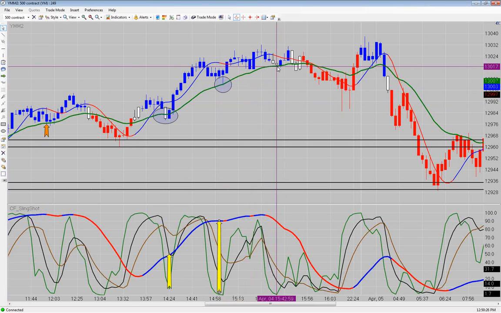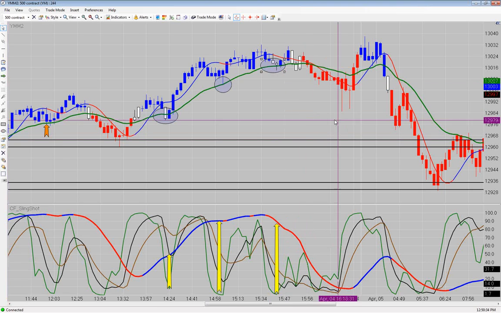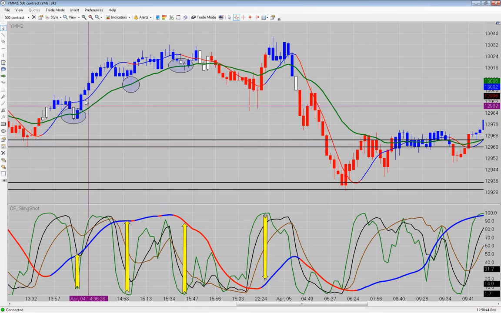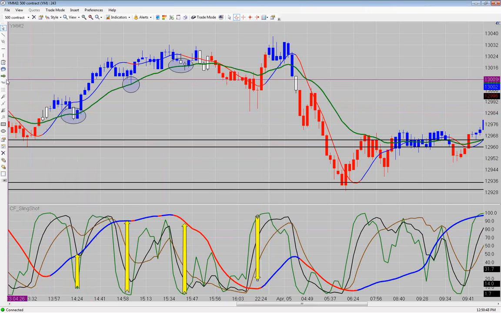And price tested it here, there was still divergence. Okay, you can look at it that way. Right here when price tested it, the first time it tested it anyway, we had all this divergence. Let me slide that over a couple bars. Right there was the first test.